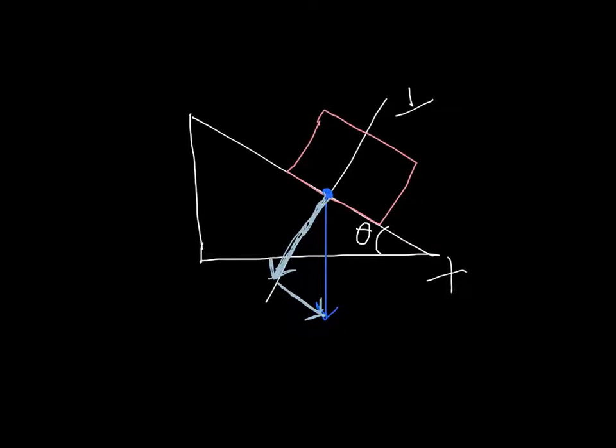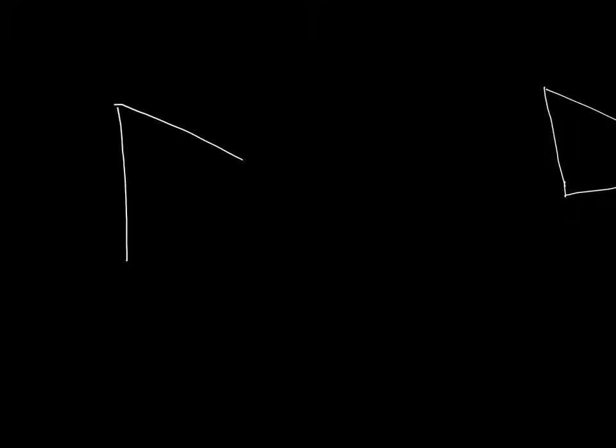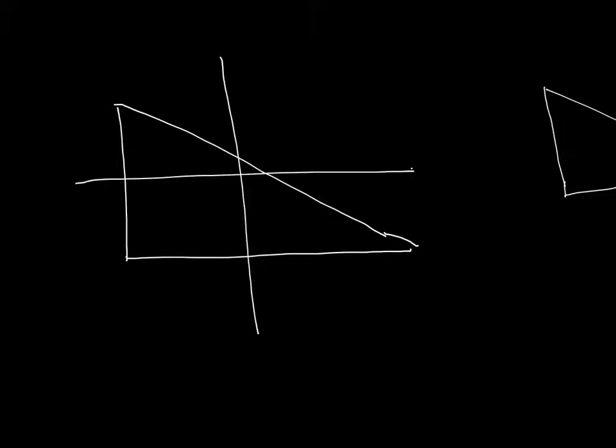You might be wondering, well, what if we drew it like this? And this is y, and this is x, and here's my little box sitting on the, oh, wait, that doesn't look right at all, does it?